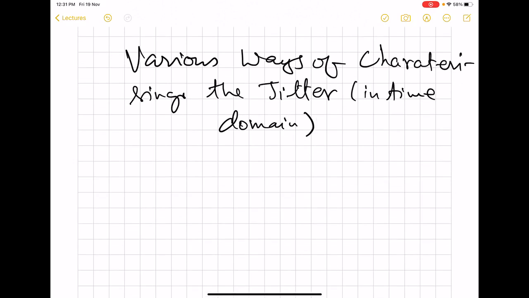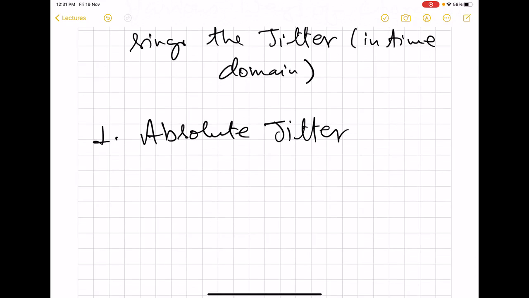So the first way in which we talk about jitter is called absolute jitter. So this is calculated with respect to an ideal clock.